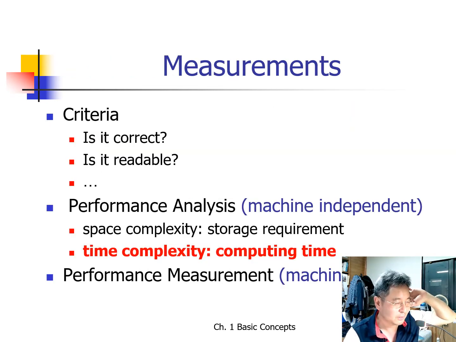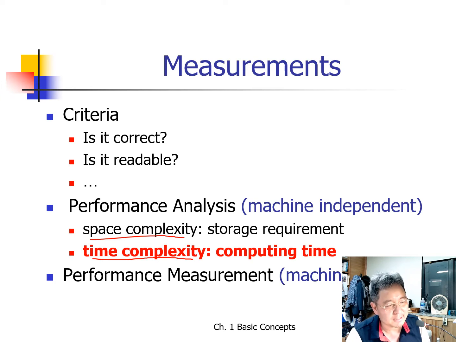So here we will detail the criteria. Performance analysis means space complexity analysis and time complexity analysis. Space complexity means the memory or storage requirement, and time complexity means computing time.